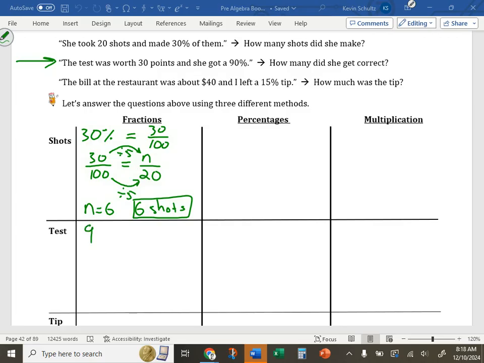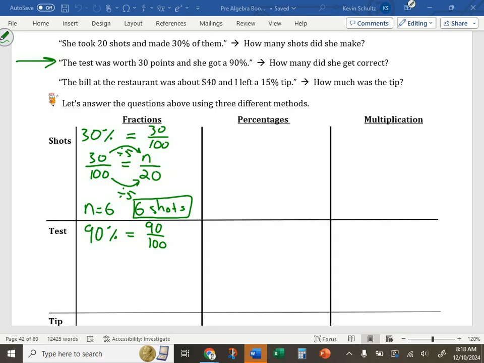First step, 90%, write that as a fraction, just like we did in the first one. And then use that fraction to set up the proportion. So 90%, you should have that as 90 over 100.